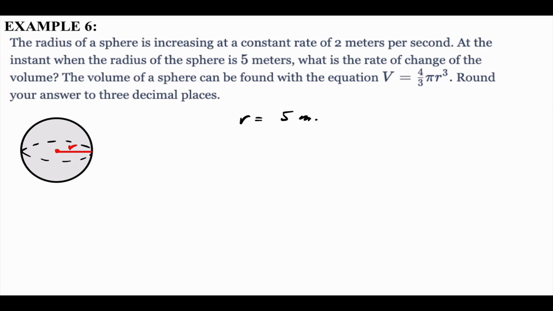The radius is increasing at 2 meters per second. So positive 2 meters per second, right? How do we write? What is it going to be on the other side? What is equal to that? What symbol are we going to use for that?